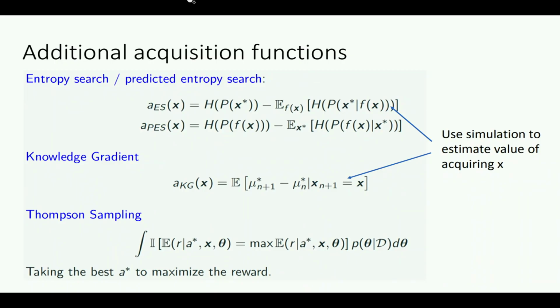Then entropy search basically tries to say, if I query a new point and add it to my training set, how much entropy can I hypothetically reduce in the distribution of the maximum of the Gaussian process?